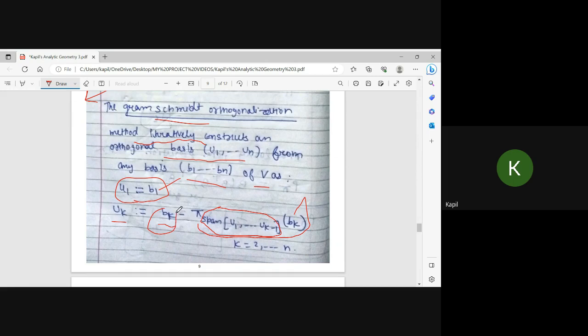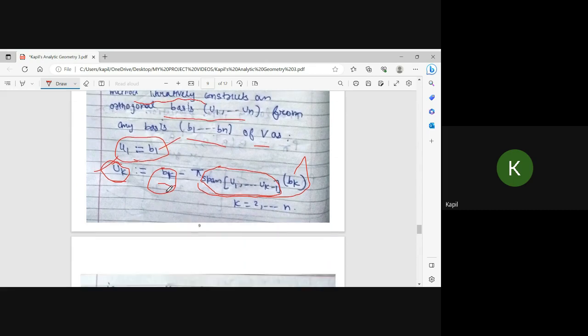This gives us any orthogonal basis vector uk. This is the main algorithm.